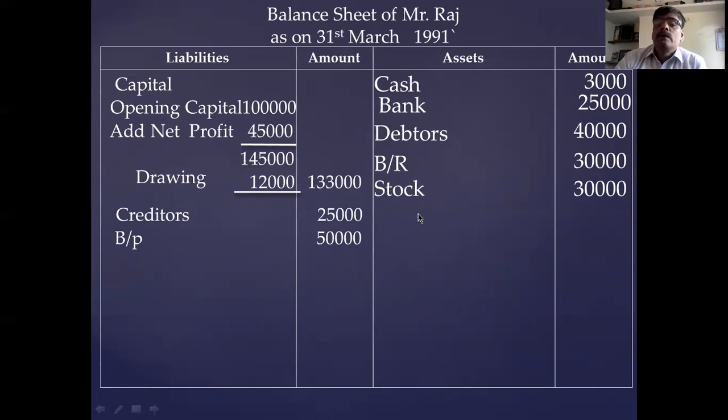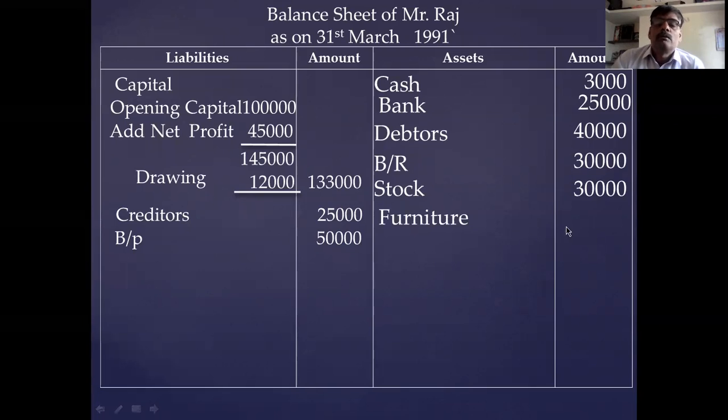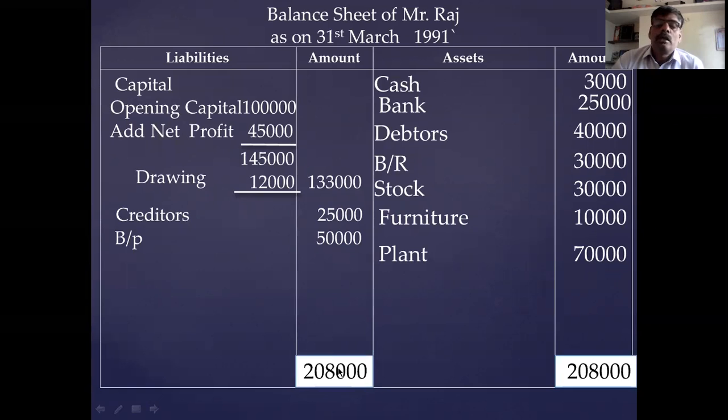Then the remaining fixed assets you take from the opening statement of affairs or from the account balance. Okay. Next item is furniture 10,000, plant 70,000. These are the items you take, and take the total. Total is 2,08,000. Okay. This is the problem.